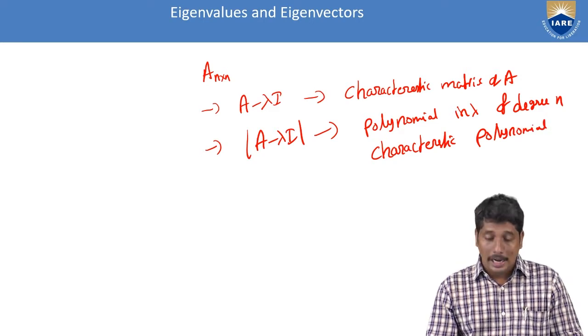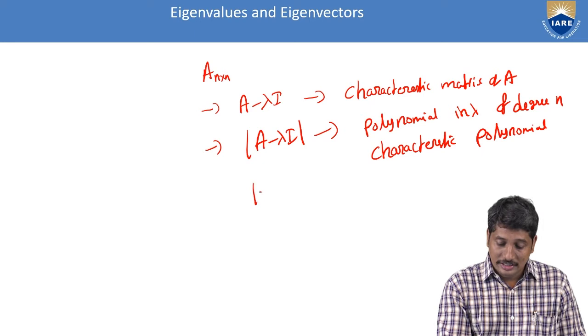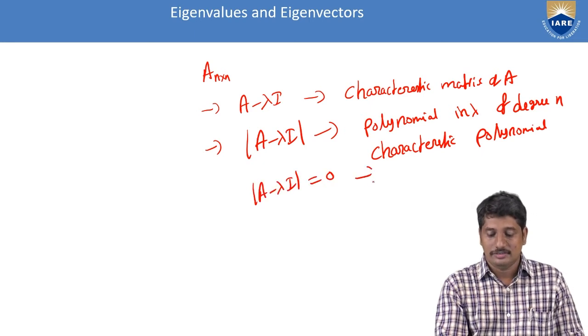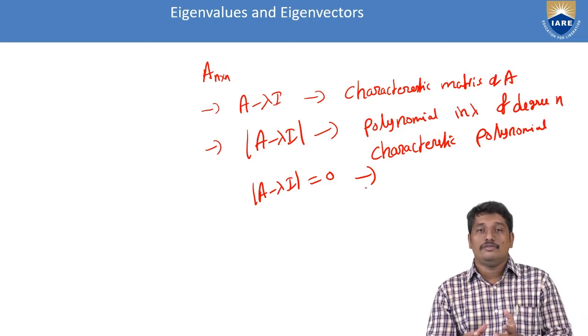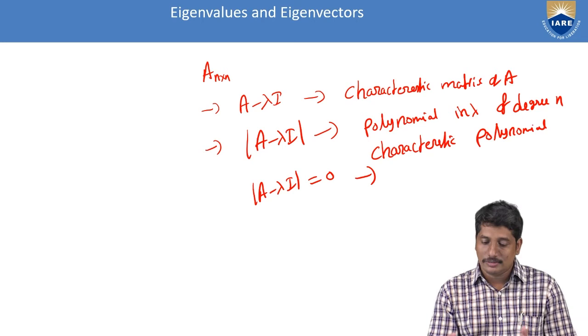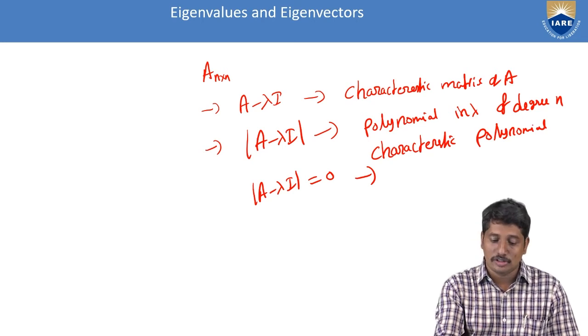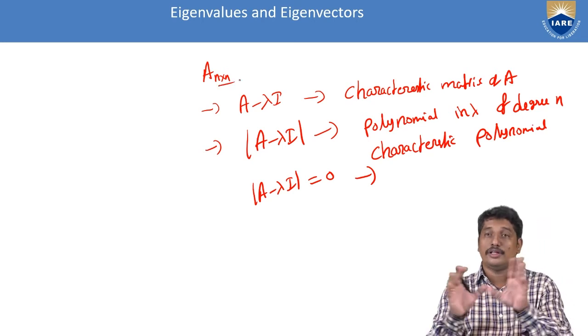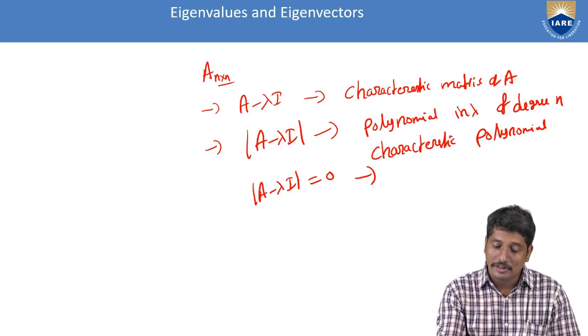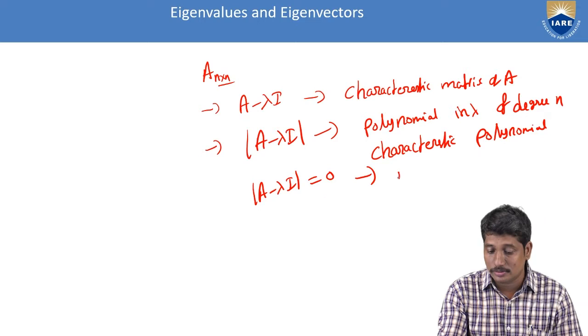When we expand the determinant of A minus lambda I, it becomes a polynomial in lambda of degree n, because the matrix order is n by n. And if we equate it to 0, it becomes an equation that is called the characteristic equation.